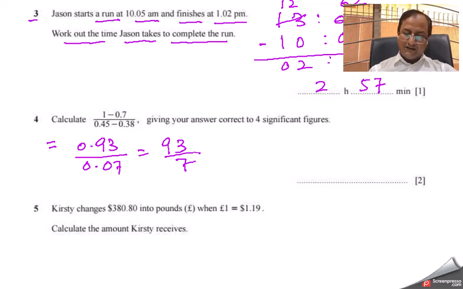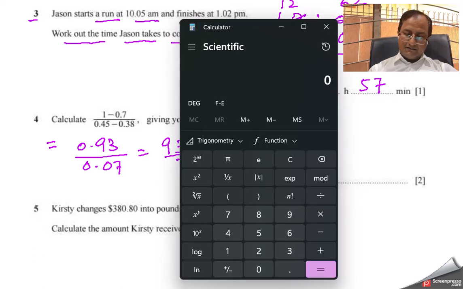When we are supposed to divide 0.93 by 0.07, again we use the calculator over here. We have 93 divided by 7, and it gives us 13.2857.